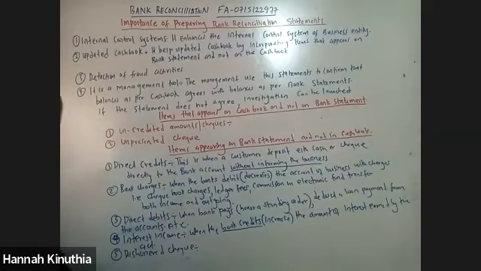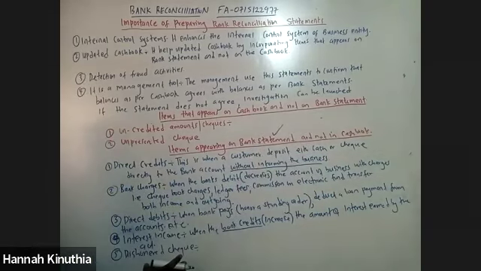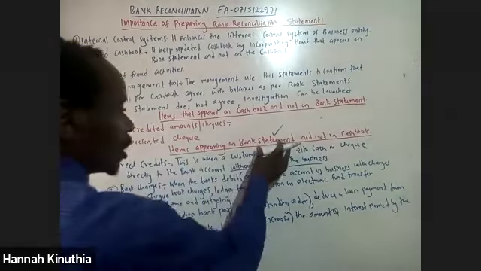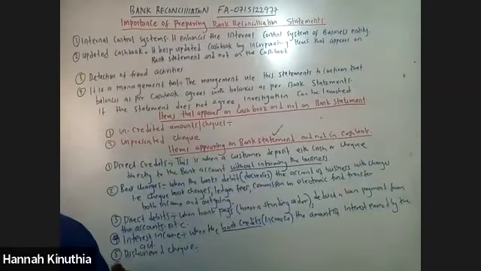This rejection only appears in the bank statement because the bank is the one which rejects the check, maybe because there was no money. The check did not have enough money to pay that account. So in that situation, the bank will dishonor that check. Once dishonored, it will appear in the bank statement. Now it is the work of the accountant to make sure that the information also appears in the cash book. Number 6, and the last one.